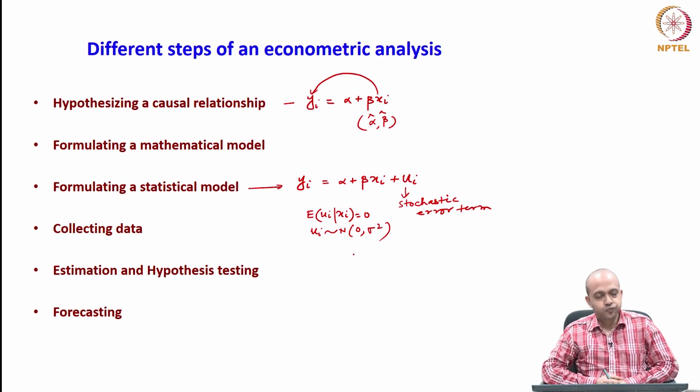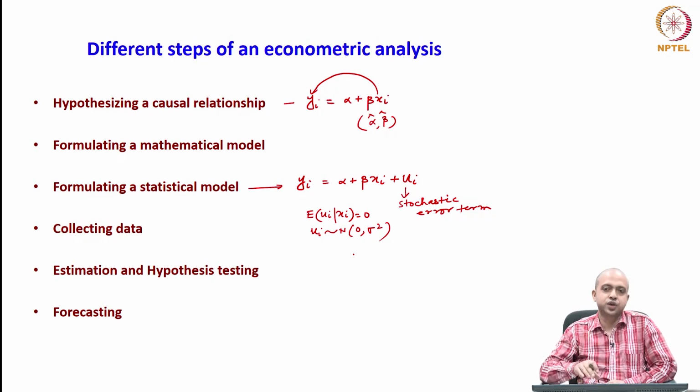As you know, any distribution tends to follow normality as sample size increases because of the central limit theorem, which we are all aware of. And secondly, the normal distribution has some standard properties for which the remaining steps of our econometric analysis become easier.